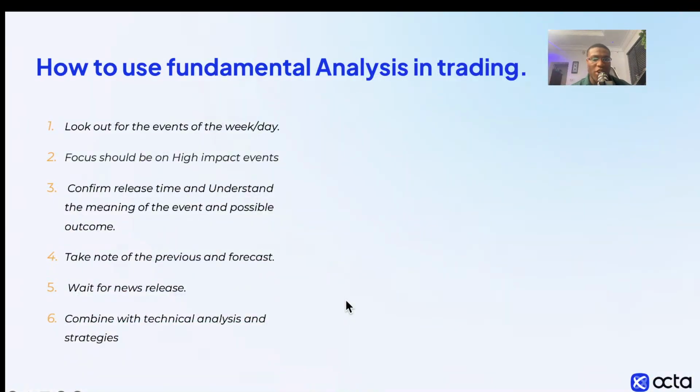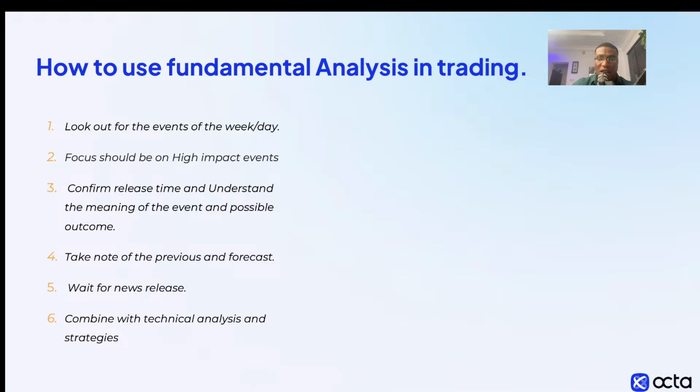Okay, so how do you use fundamental analysis in trading? These are some of the steps that you can use just so that you don't rush into using fundamental analysis and executing trades blindly. First, you want to look out for the events for that week or for that day. I like to say the week because you know the things that you want to anticipate and the things that you want to look out for the rest of the week, and you know which one is more important.